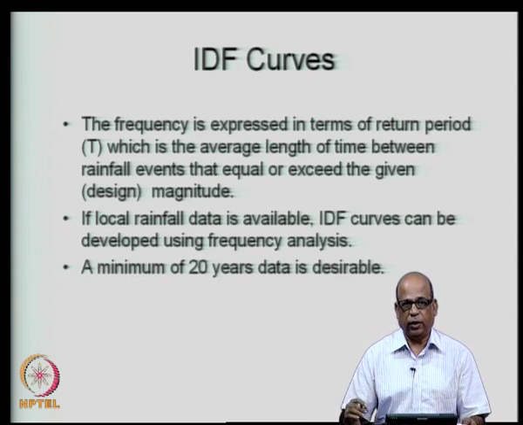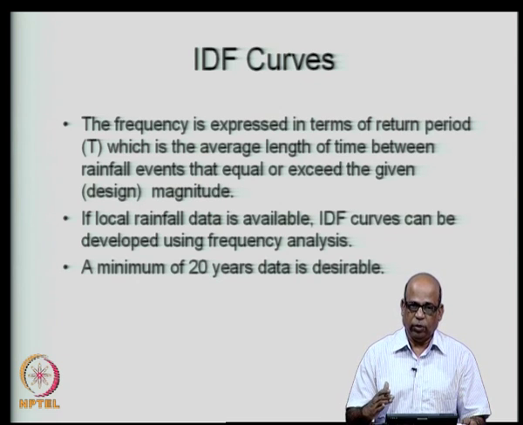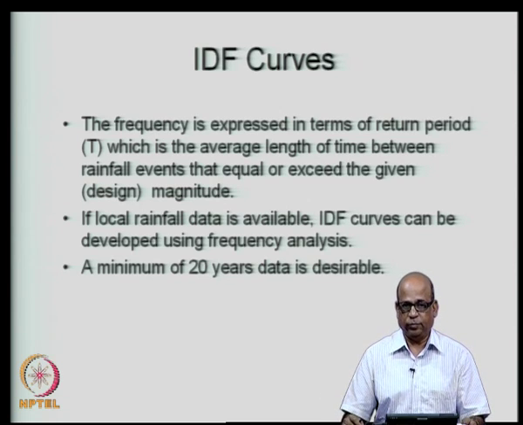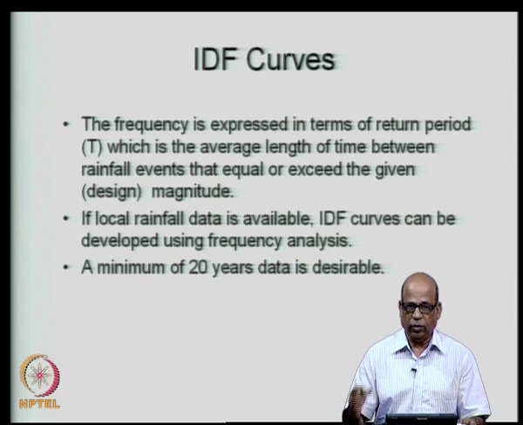We can use this data and then construct the IDF relationships. So, the basis for this is that you have the observed data. Observed data is available for half an hour, 1 hour, 2 hours and so on. So, you can also aggregate to get 6 hours rainfall, 12 hours rainfall and so on. So, every half an hour you have made the measurements for the last 30 years, all this data is available.